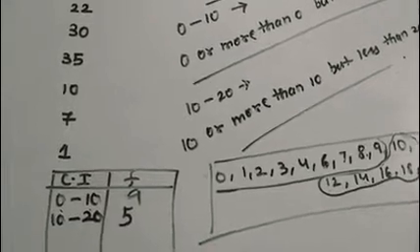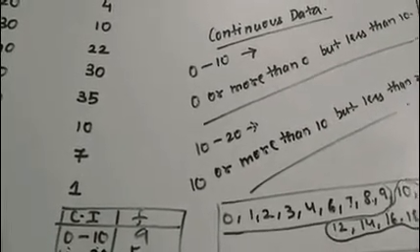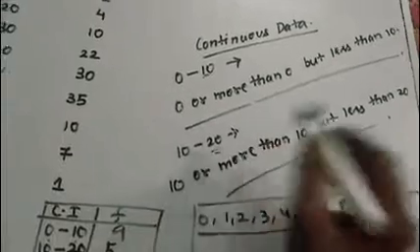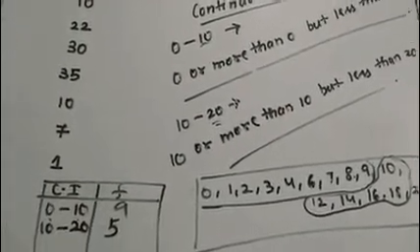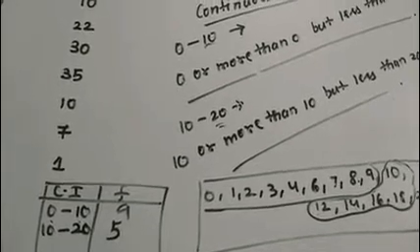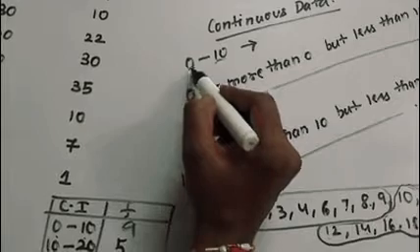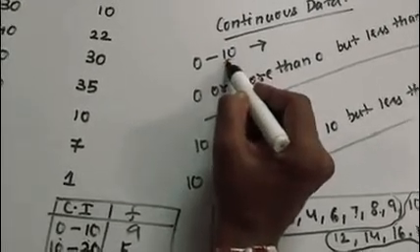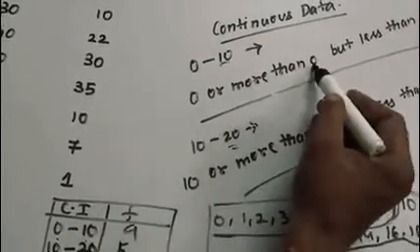Okay, so continuous data are also called exclusive data. Exclusive, because here we are excluding the boundary numbers, the upper limit numbers. That's why this is called exclusive data. In continuous data the class interval is defined in this way: the lower limit will be included but the upper limit will be excluded, like this: 0 or more than 0 but less than 10.